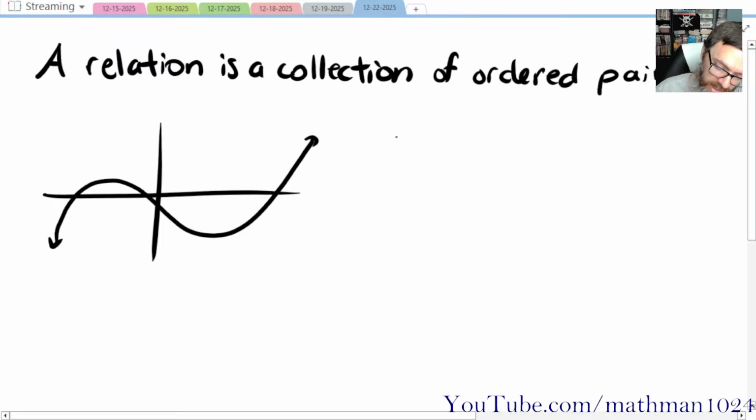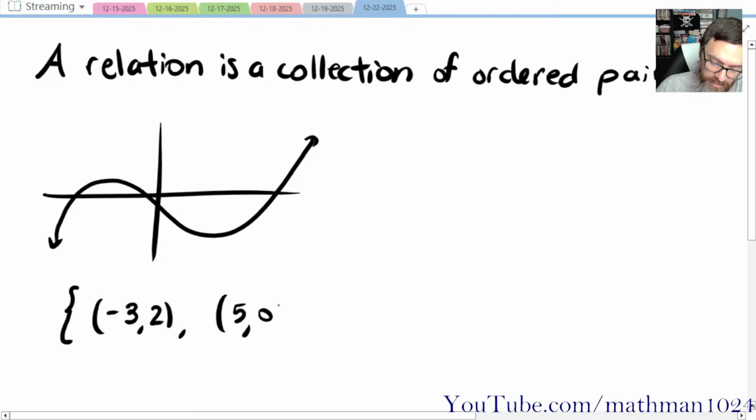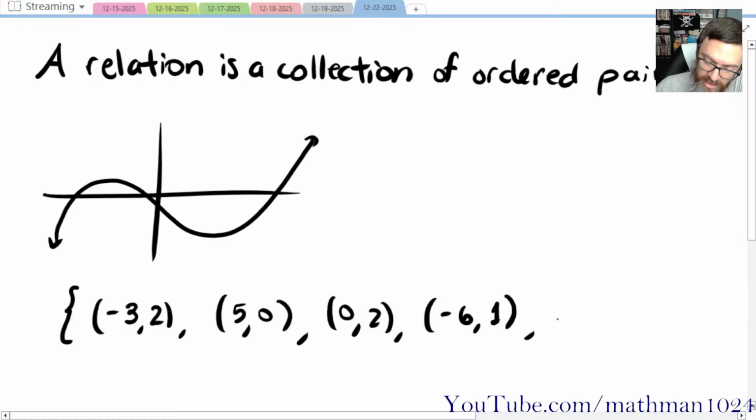Or it could be that I give you a finite set of ordered pairs, so something like -3, 2, 5, 0, 0, 2, -6, 1, and -3, 3.